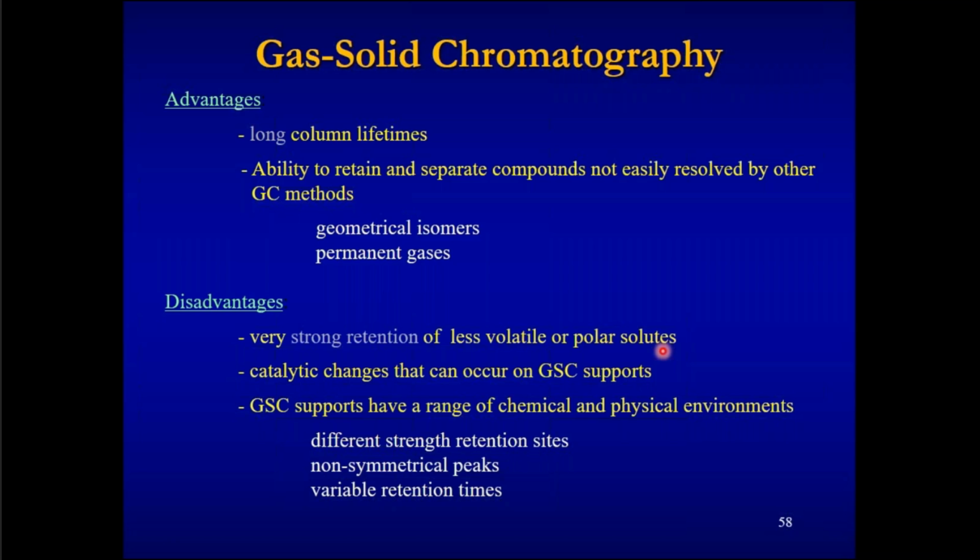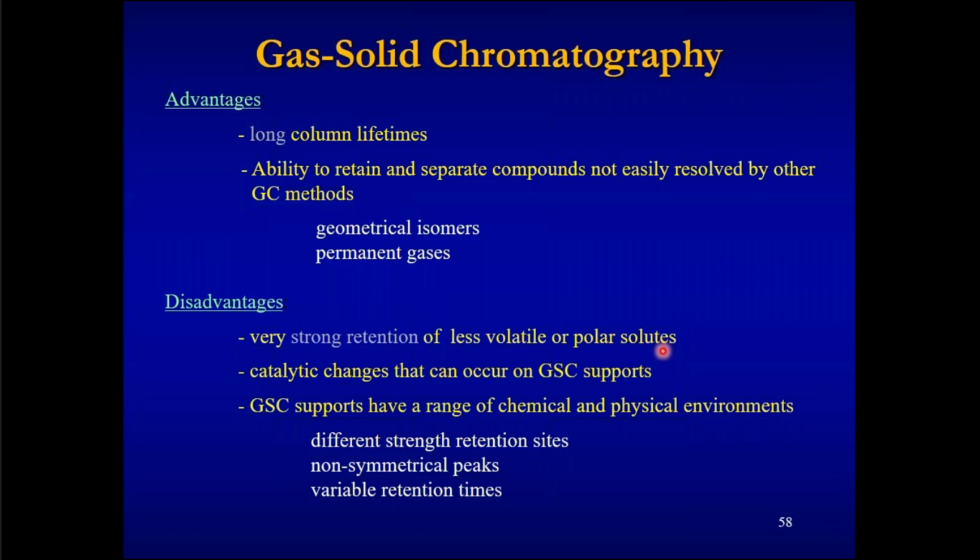Each of these retention sites on the adsorbent could have a different affinity towards the sample. So when a particular site is exposed, it will show a particular affinity, and when another site is exposed, it will show a different affinity. This could cause distortions in the chromatogram ultimately.